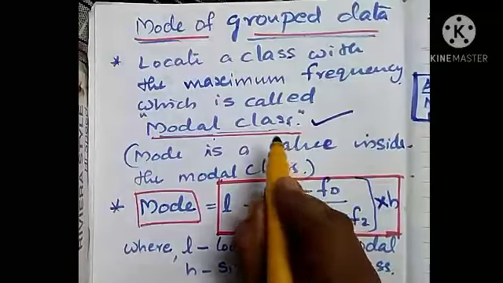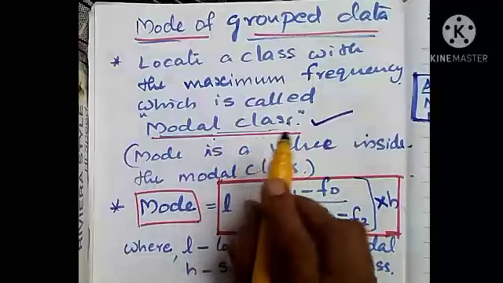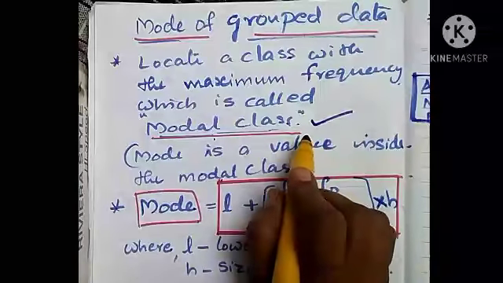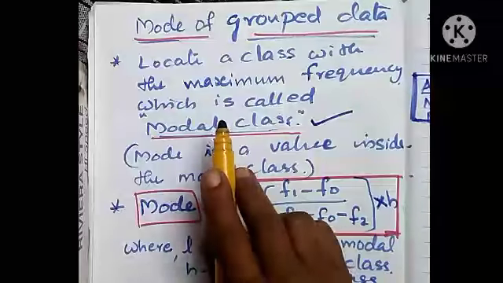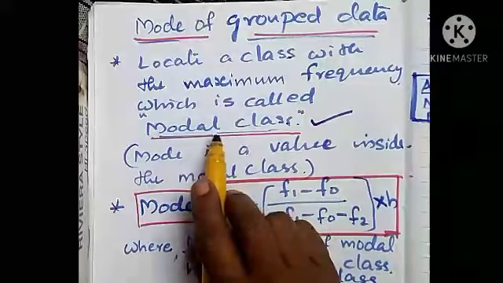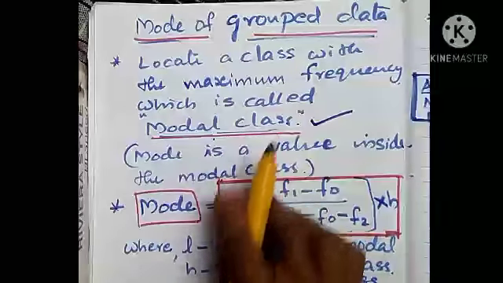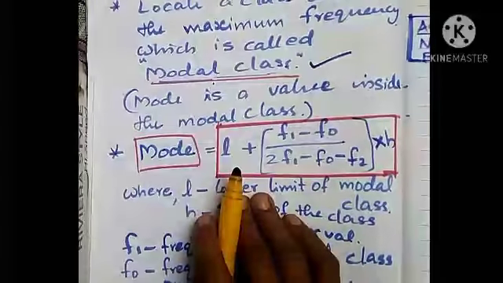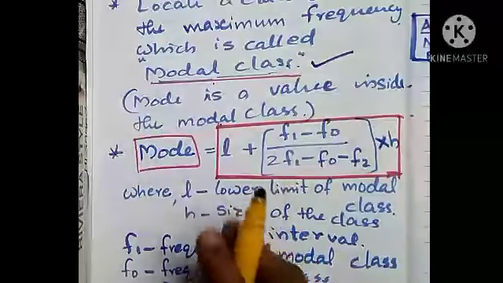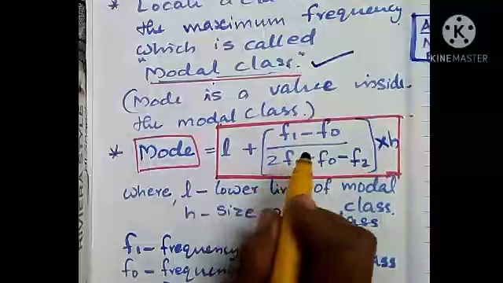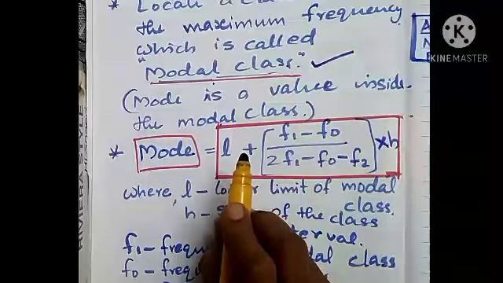How can we select the modal class? Here the grouped frequency distribution will be given. So we select the maximum frequency, and the class corresponding to that we select as the modal class. Mode is a value inside the modal class, so we have to locate that value. We know that mode lies between the upper limit and lower limit of the modal class.